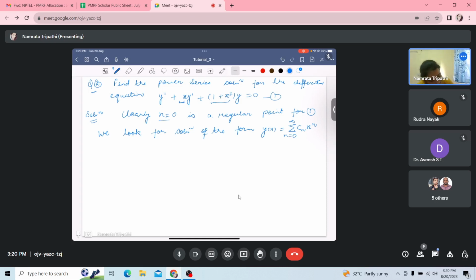So first of all, calculate the first derivative y' and the second derivative y'', and put these values in equation 1 and please try to calculate the coefficients. Please try to solve.